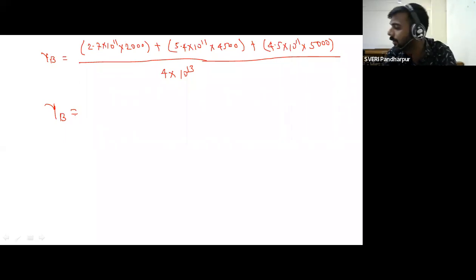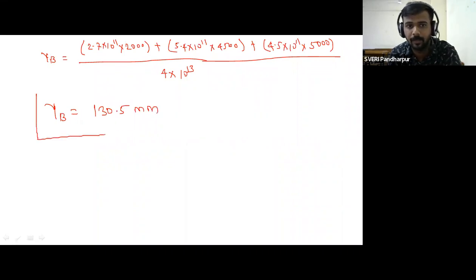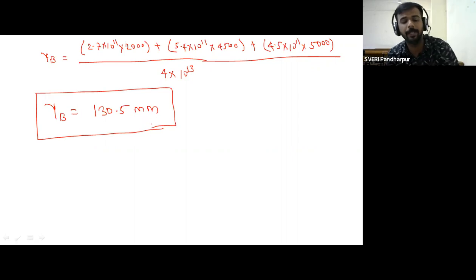So the deflection at point B. So do the calculation. Okay, 130.5. Please check your answer. 130.5 mm. This is the deflection at point B. Do the calculation properly. It is very simple.